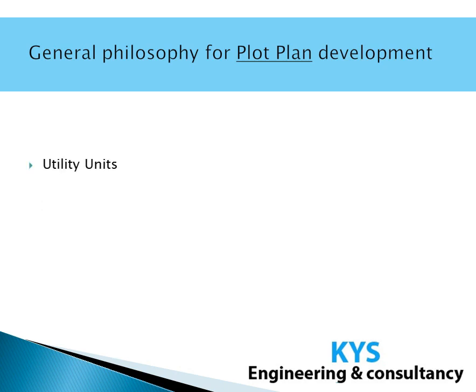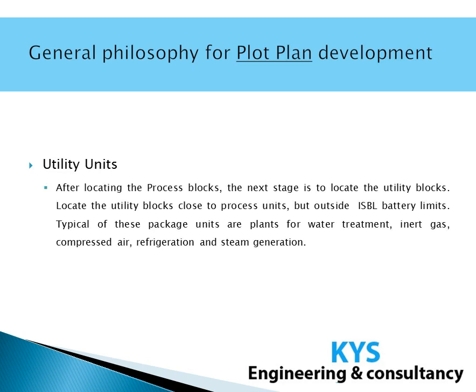After locating the process units, the next step is to locate the utility units. Utility units shall be located close to the process units, but they should be outside the ISBL battery limits. They should not be in process units actually.